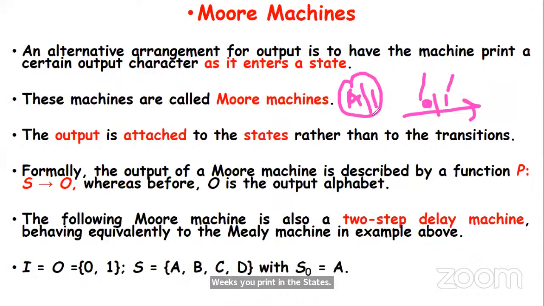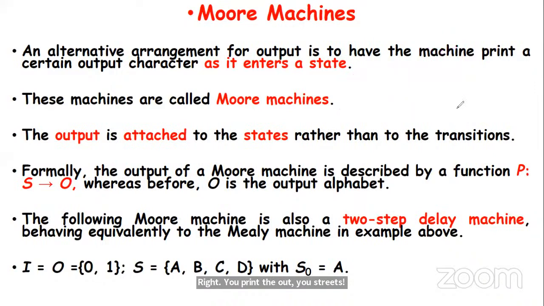So you are in a state, this is the output. You move to another state, B, and you print the output straight on that state instead of having a transition function.